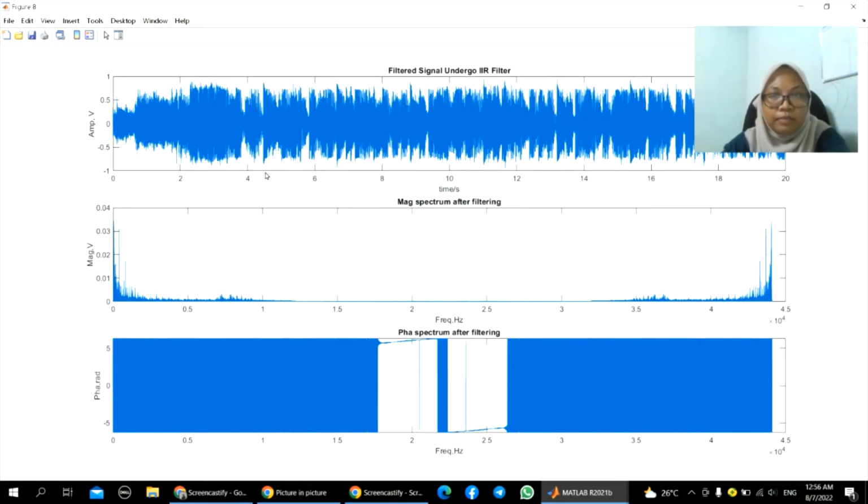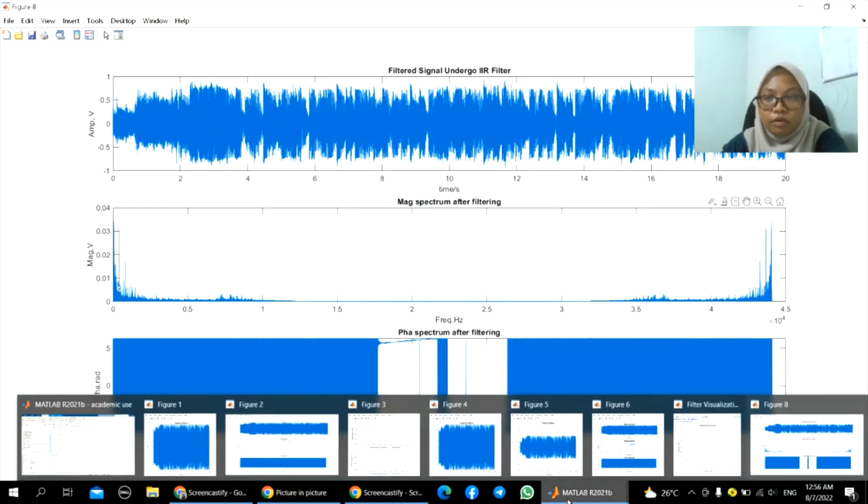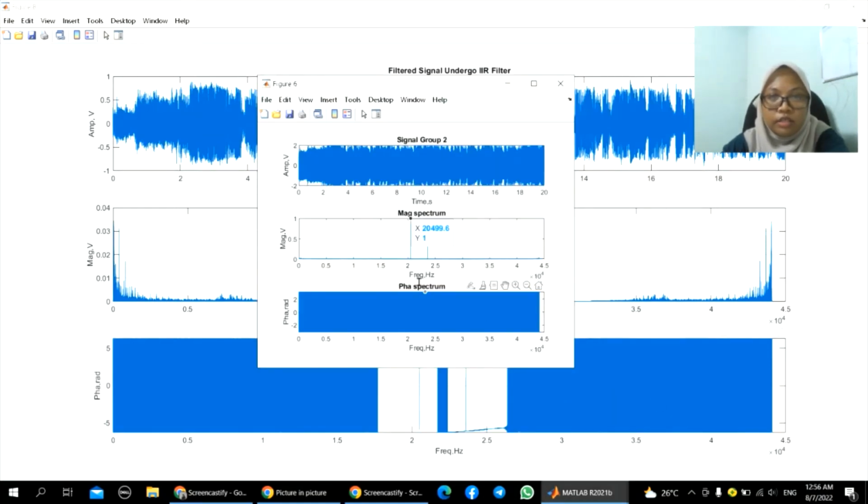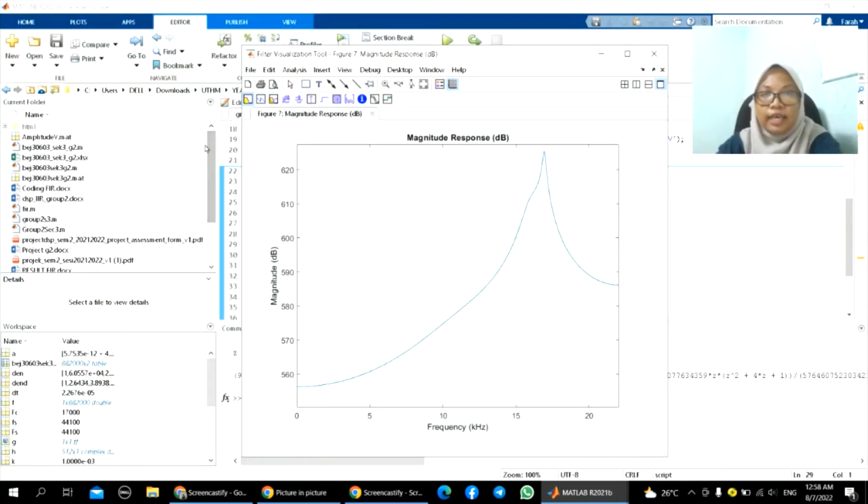For the magnitude spectrum, the amplitude is 0.03 compared to before, where the magnitude spectrum is 1. And this is the magnitude response in dB for the elliptic filter.